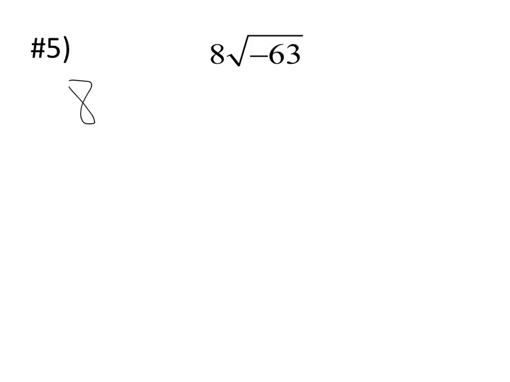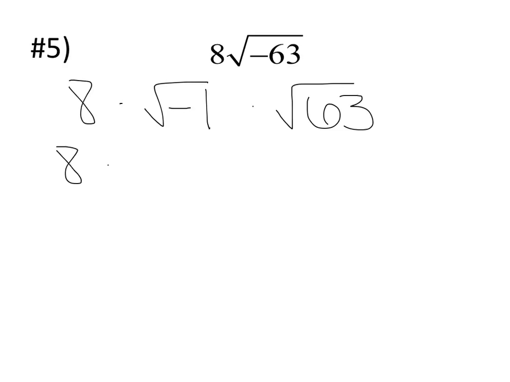Okay, same situation here. We can do 8 times the square root of negative 1 times the square root of 63. 8 comes from the 8 out front. Square root of negative 1 comes from this negative here, and the square root of 63 comes from this 63 here. We're just going to leave 8 alone. Square root of negative 1 is I, and the square root of 63 we're going to have to break down. 63 is 7 times 9, and 9 is 3 times 3.